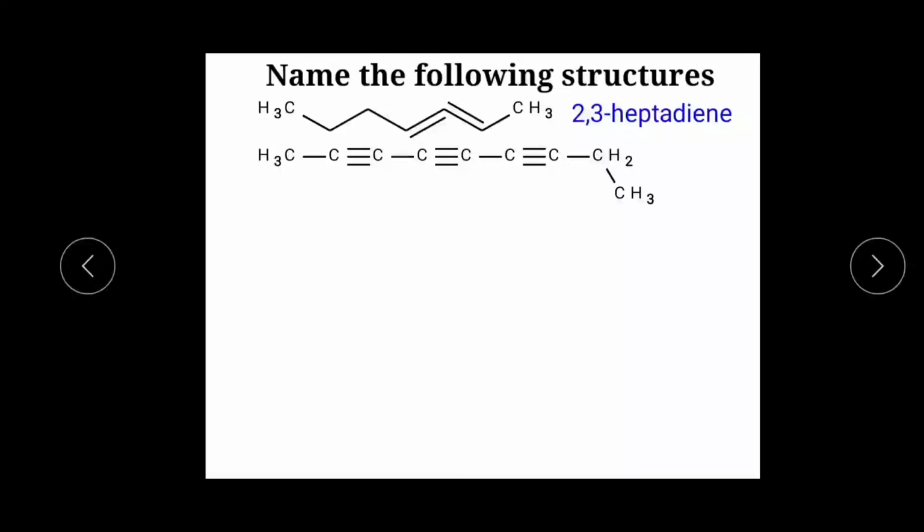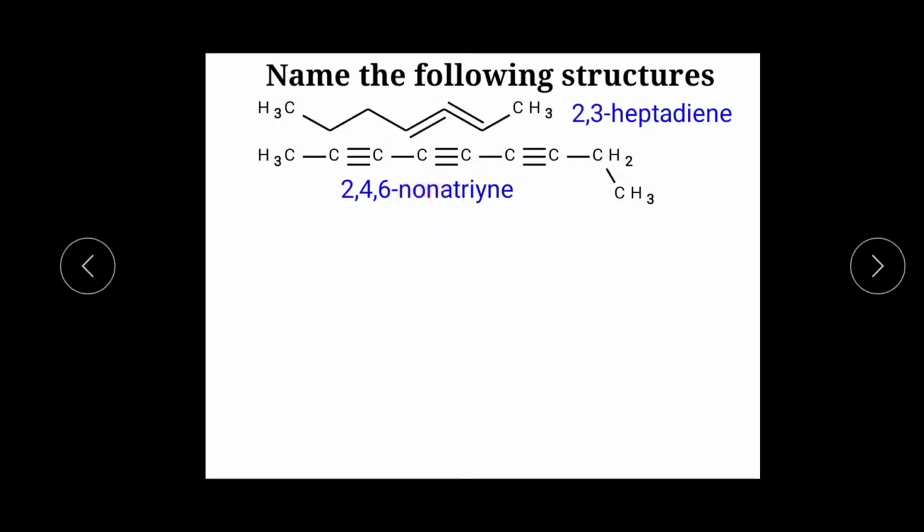Okay? Then we have also 2,4,6-nonatriene. We will begin the counting on the left side. This is carbon 1, carbon 2, carbon 3, 4, 5, 6, 7, 8, and 9. 9 is non, or nona.